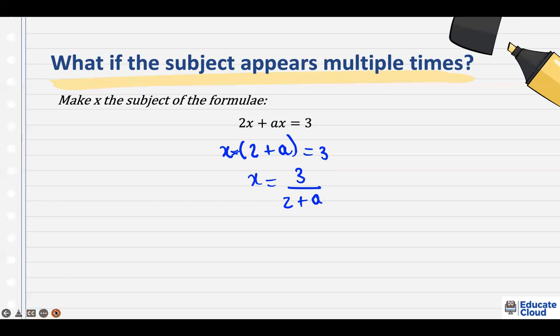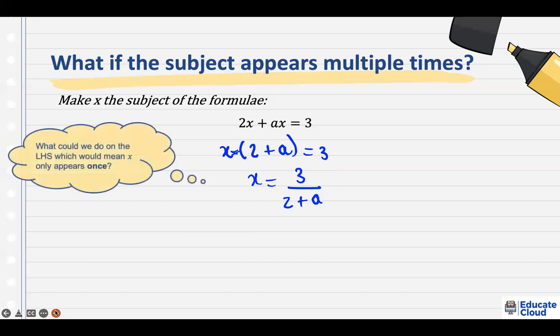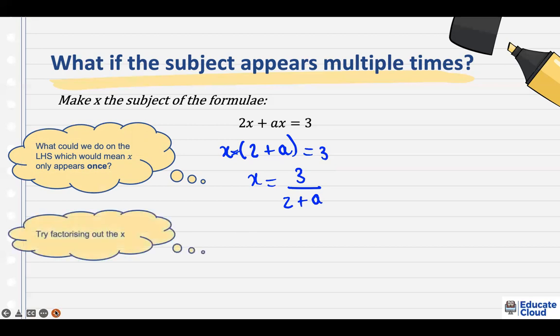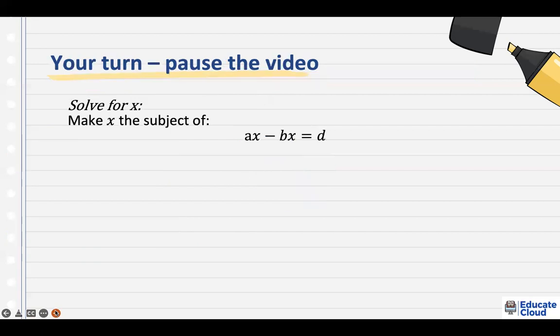As a quick review, first you've got to think about what you could do to make the 2 x's on the left-hand side into 1x. You can do that by factorising. If you factorise out the x, you'll get 2 plus a, and then x is 3 over 2 plus a. Okay, so have a go, pause the video.